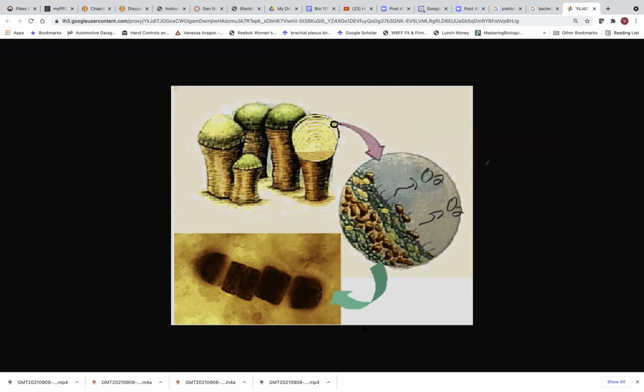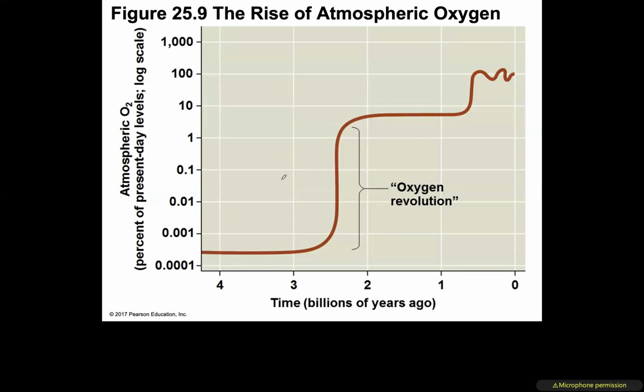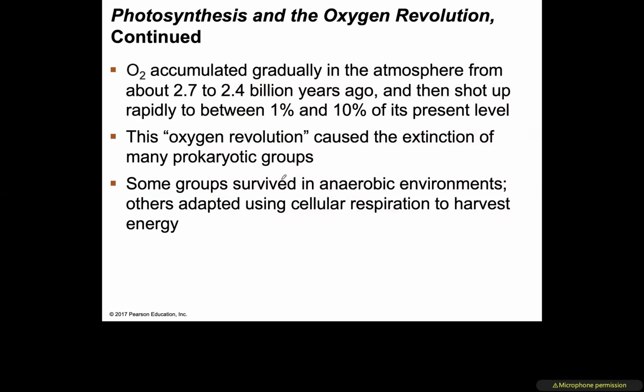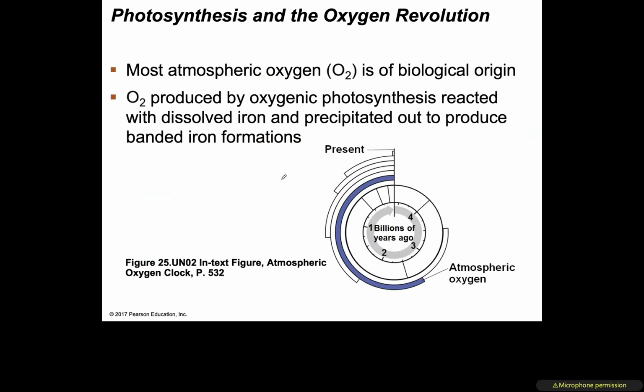All righty, let's go ahead and go into a new share, back to our PowerPoint. You can see where I showed you oxygen becoming present, and it is a byproduct of photosynthesis. You will also see that that oxygen resulted in reactions with dissolved iron.